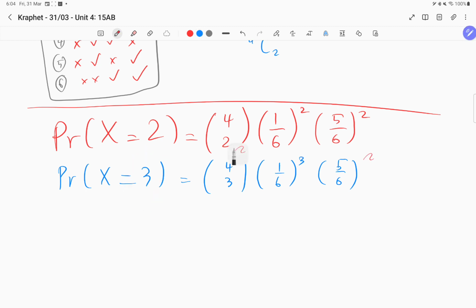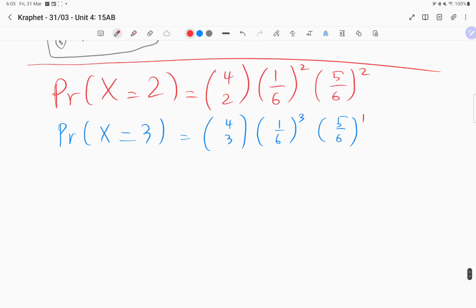And what's the power on 5/6? Power 1, because out of 4 trials, 3 successes, 1 failure. You can literally just punch this into the calculator and get the answer, but what I'm trying to get to is the general formula.